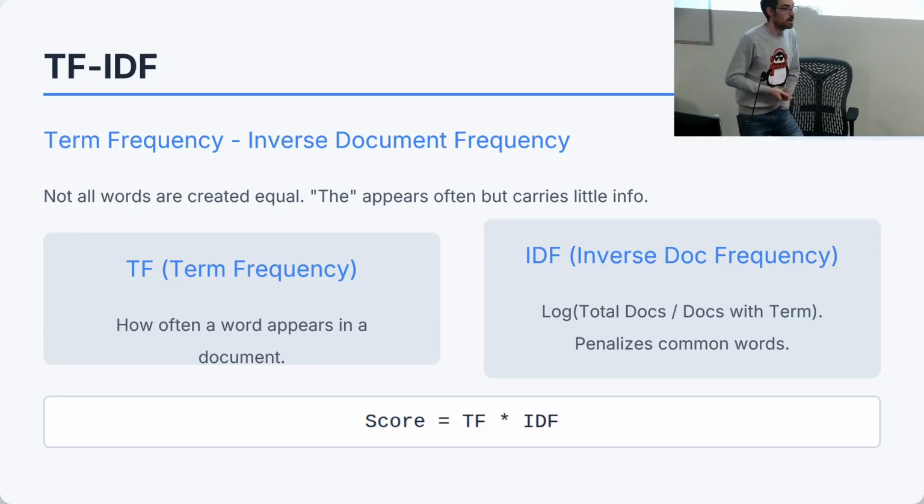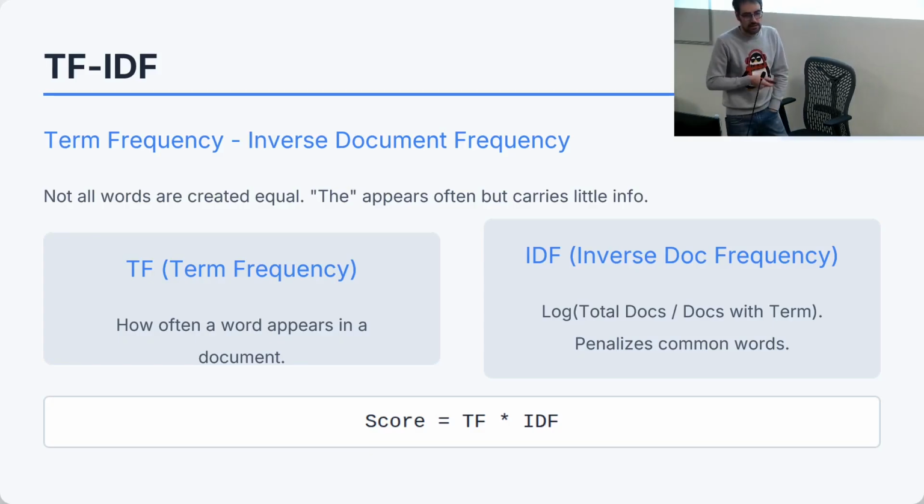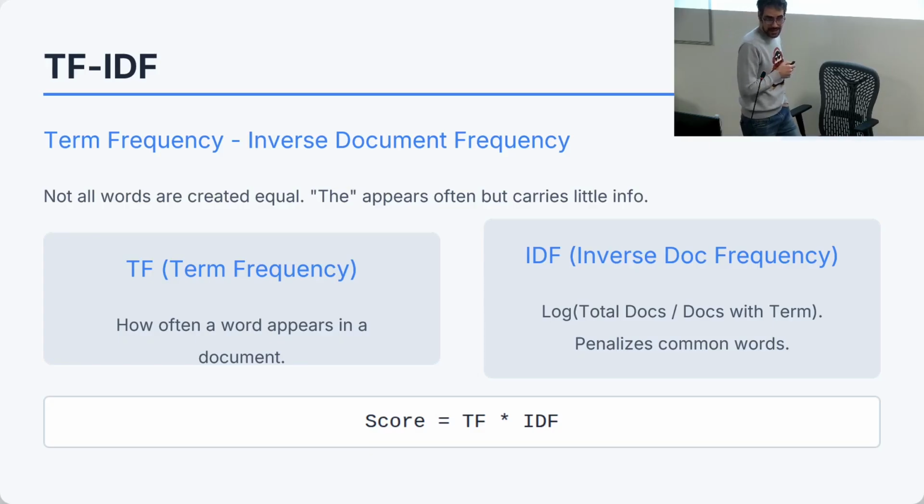Why? Well, for instance, articles. The, a, we can expect those words to appear a lot, and, or. But oftentimes we can generalize and say that the more a word appears in a document, the less information that word gives us.